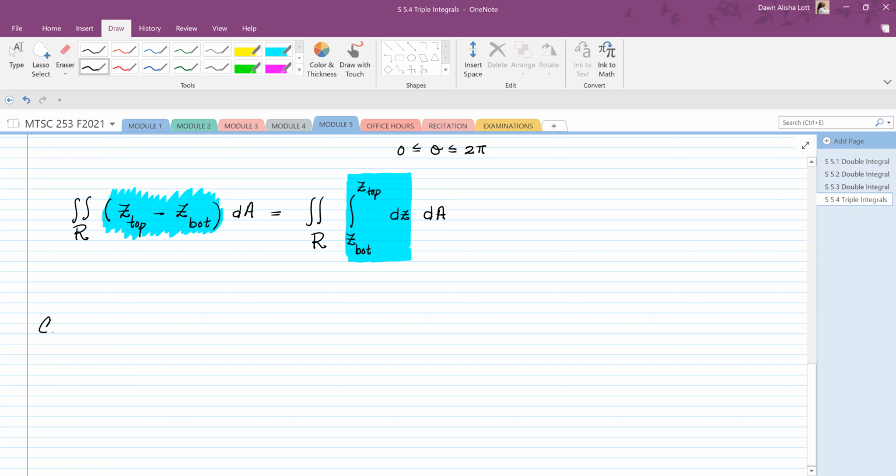So compute the volume of the region enclosed by Z equal to, well, okay, let's not do that.